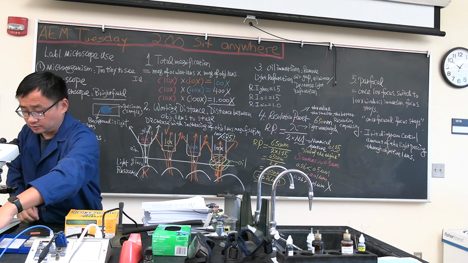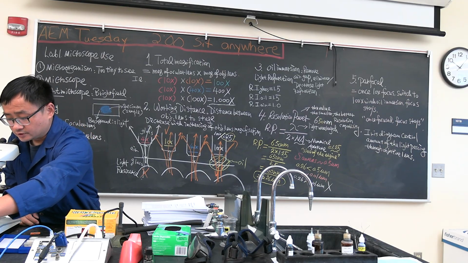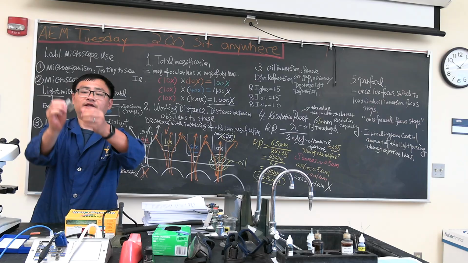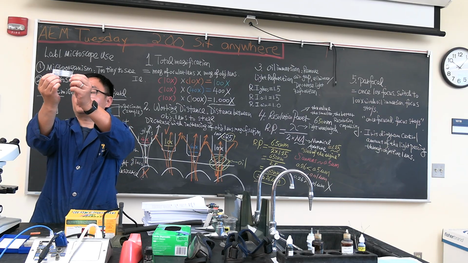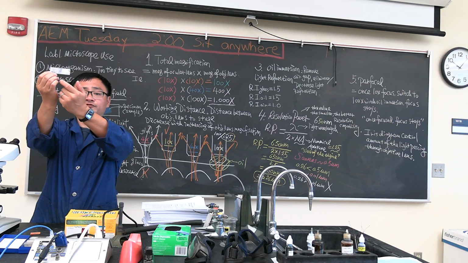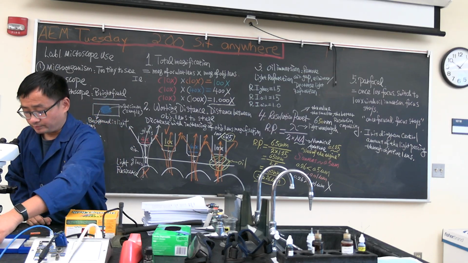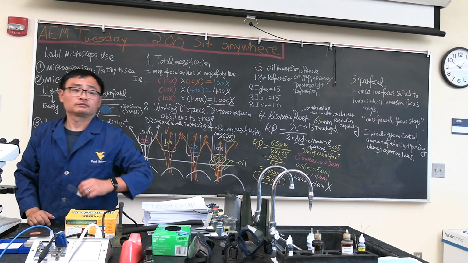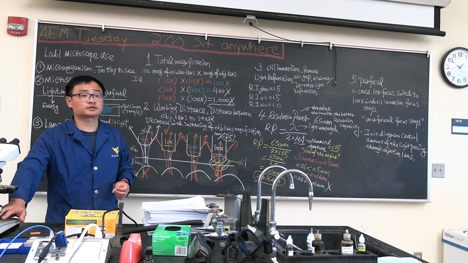And when you finish it, you will come back and get a budding yeast. This is Saccharomyces cerevisiae, which is used for beer fermentation. We'll talk about it later. But before that, I'm going to show you how to use the microscope.